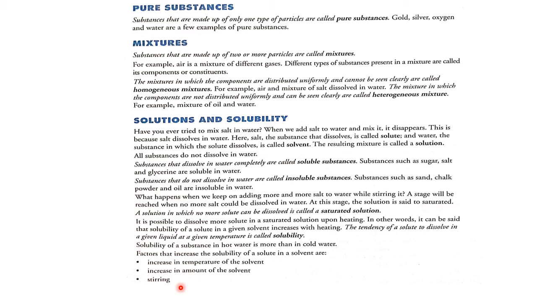Number one, increase in temperature of the solvent, or we have to increase the temperature of the water. Second, increase in amount of the solvent, or we have to increase the amount of the water. Clear? And last one, stirring. We can do one thing, that is stirring.